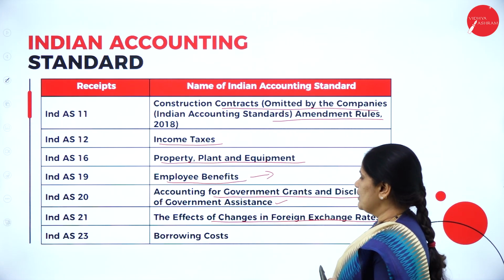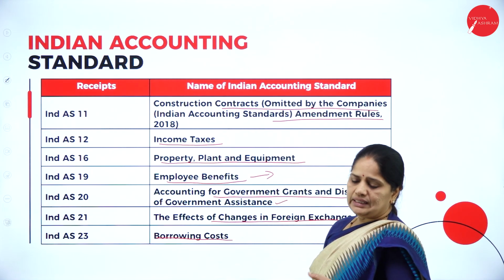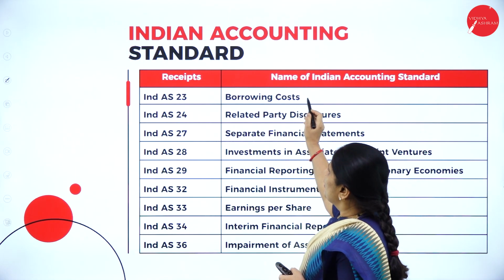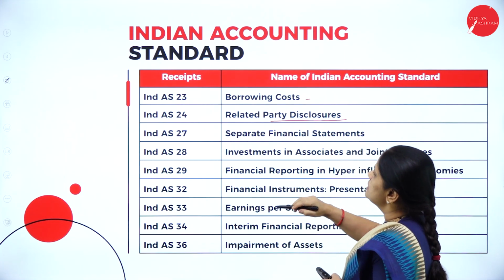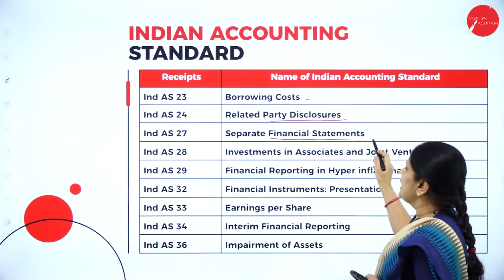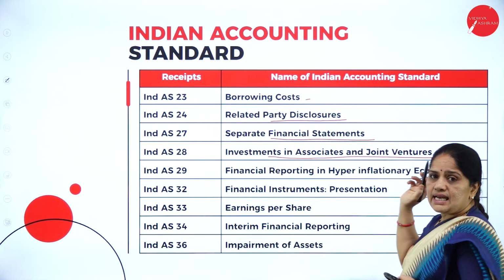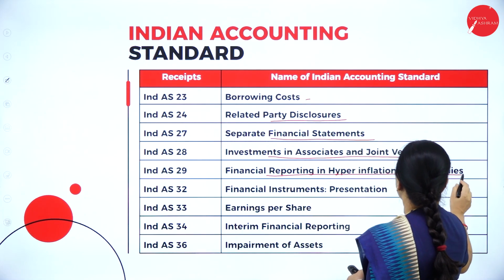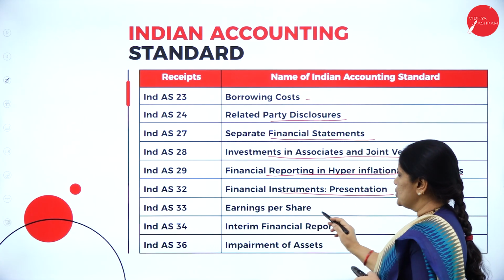Then next one will be the borrowing cost. That means the cost of borrowing the loans. Then in 23 we have again borrowing cost. In 24 we have related party disclosures. 27 separate financial statements. 28 investments in associates and joint ventures. 29 financial reporting in hyperinflationary economies. Financial instruments presentation.